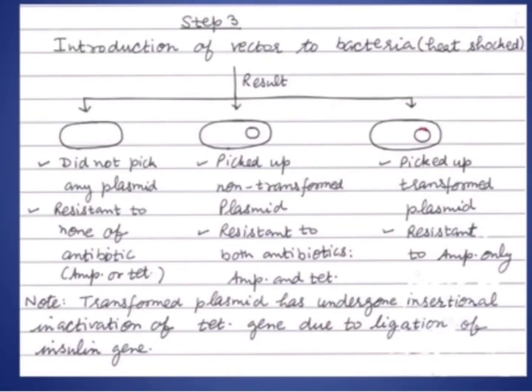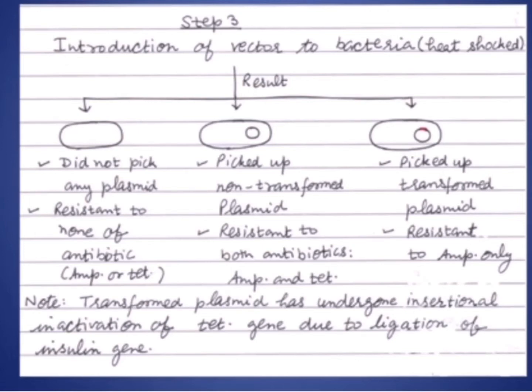The third step includes introduction of these vectors into the bacteria or the host cells. Now we will get three different types of bacteria. The first type of bacteria will not pick up any of the plasmid. So no plasmid in the bacteria, no resistance to any of the antibiotics, that is ampicillin and tetracycline.